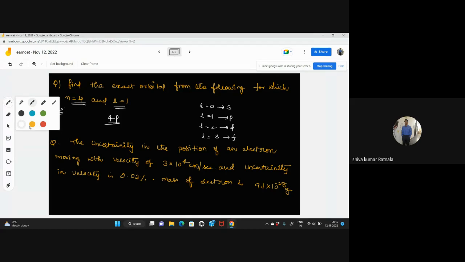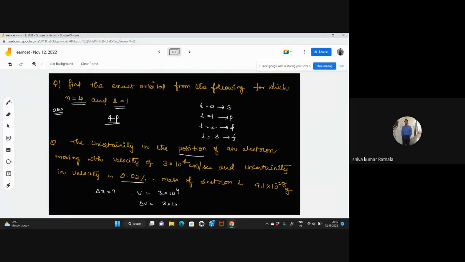Tell me, students, what can be the formula? What is given? Uncertainty in position is asked, no? So delta x is asked, and delta v is given. How much is given? Velocity given is 3 into 10 to the power of 4, and delta v, the uncertainty, is 0.02%, no?